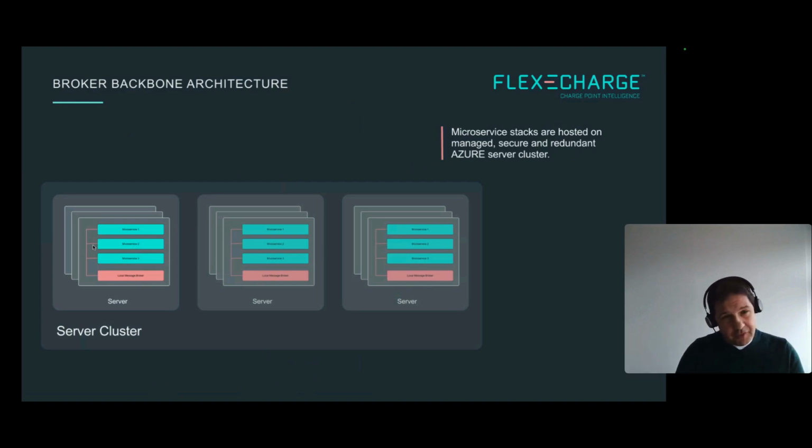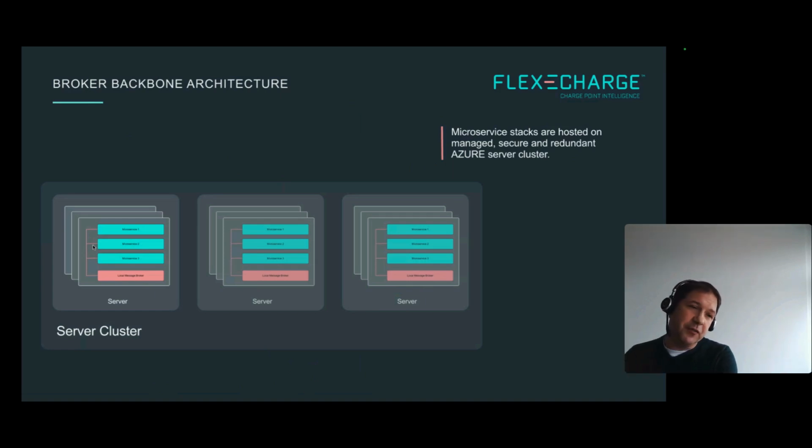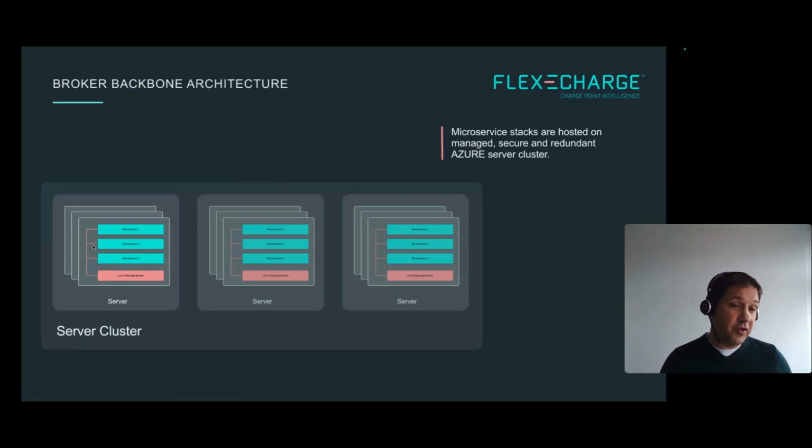So if a server goes down for maintenance, these microservices can be migrated, and they can also automatically migrate. If a server has a problem and crashes, there's a system behind it which can detect that the microservice stack goes down, and it can migrate it to another server, spin it up again, and then within 30 seconds, the complete service and the complete site is up and running again.